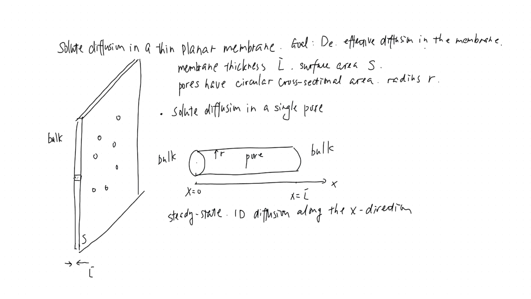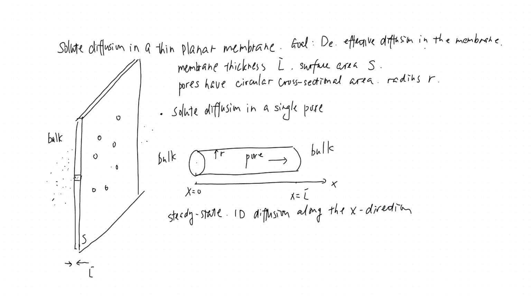So basically, if you have solute that needs to be transported from one end of the membrane to the other end, then those solutes need to go through the pore. And that's where the diffusion happens, along the x direction, which is also the axis of the cylindrical pore.